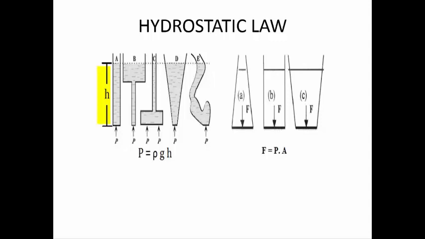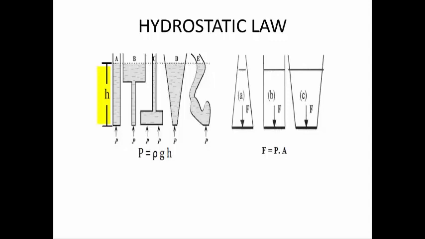Whatever pressure is present here because of the liquid above is determined by the vertical distance from the free surface of the fluid down to here. That is not the inclined distance; you only have to calculate the vertical distance. So rho g h will be the pressure of the fluid at this particular point. That is the hydrostatic law.